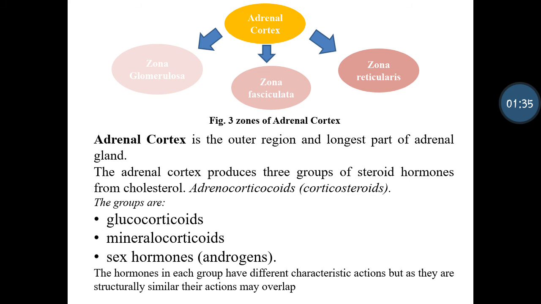The adrenal cortex has three different layers: zona glomerulosa, zona fasciculata, and zona reticularis. The adrenal cortex is the outer region and largest part of the adrenal gland. It produces three groups of steroid hormones from cholesterol, that is, adrenocorticoids or corticosteroids.